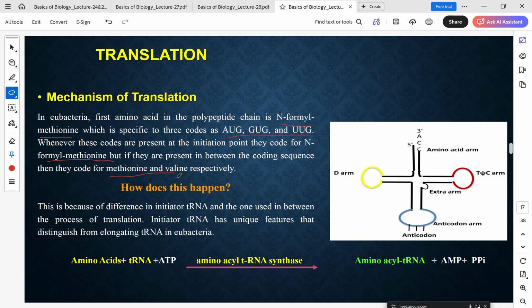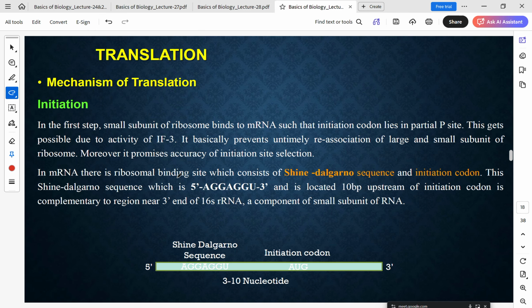So the initiator tRNA is very different from the rest of the tRNA, and it has unique features that enable the initiation of translation. In the first step, the small subunit of the ribosome binds to the mRNA such that the initiation codon lies in the partial P site.